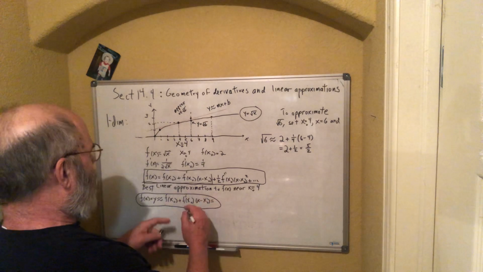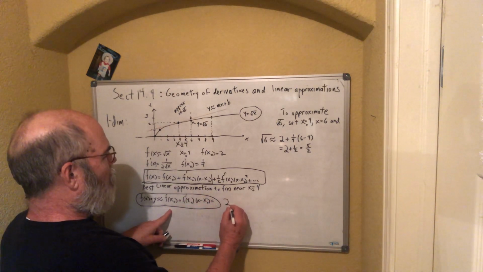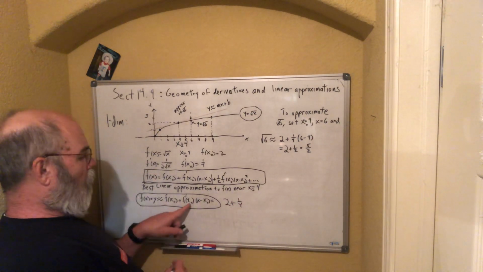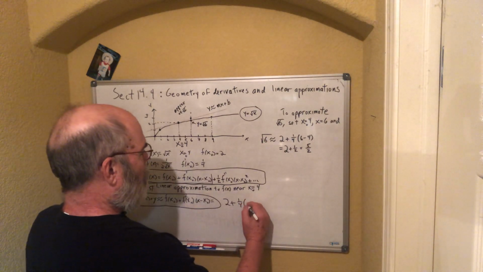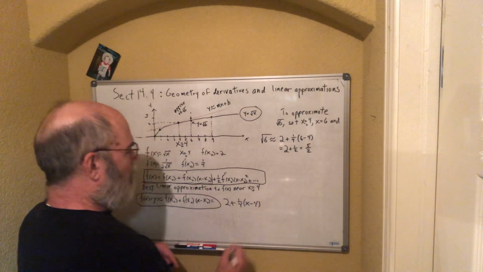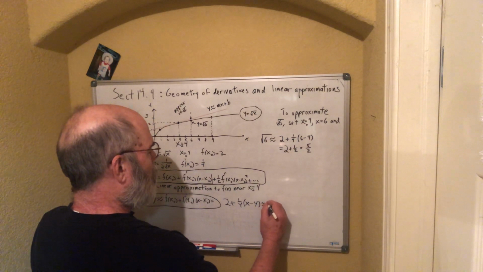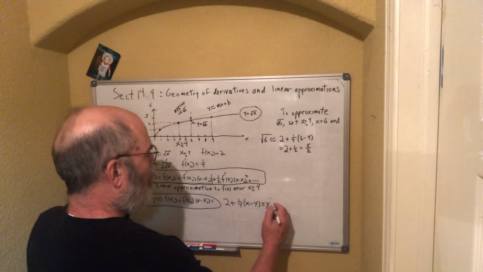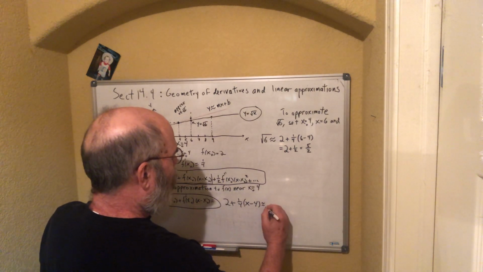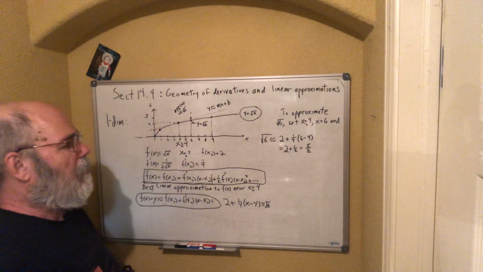So what this looks like then is f of x naught is 2 plus 1/4 for the derivative, and then x minus x naught, or x minus 4. And that then will be our approximation to the square root of 6.